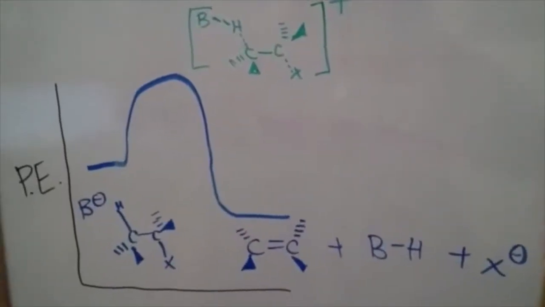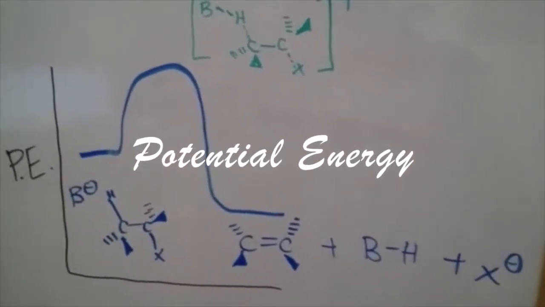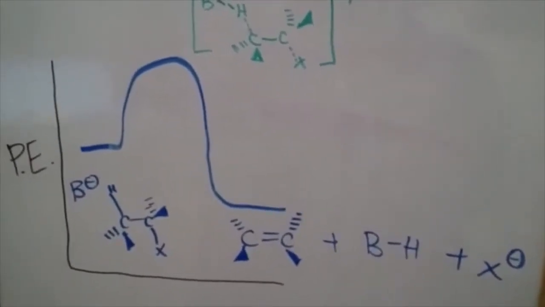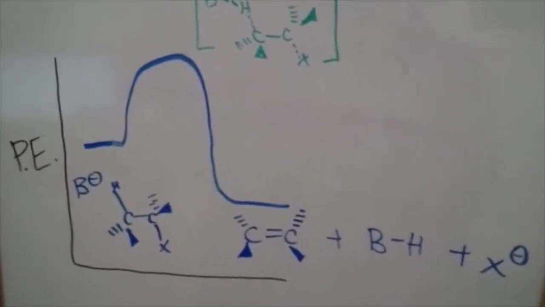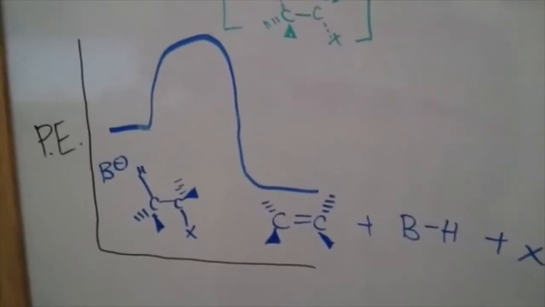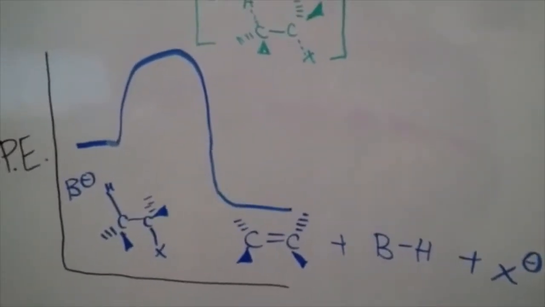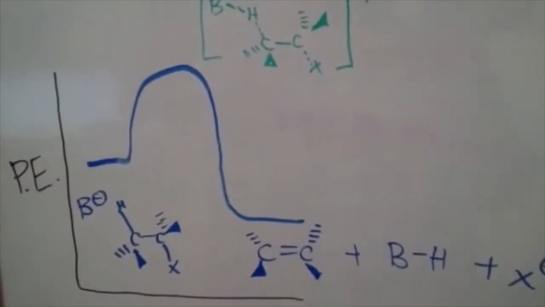This here is a coordinate diagram, showing the energy profile of our E2 reaction. Basically here we see that the base is unstable, just ready to react with something. The starting materials are at a higher energy than our product, but the highest is actually the transition state.